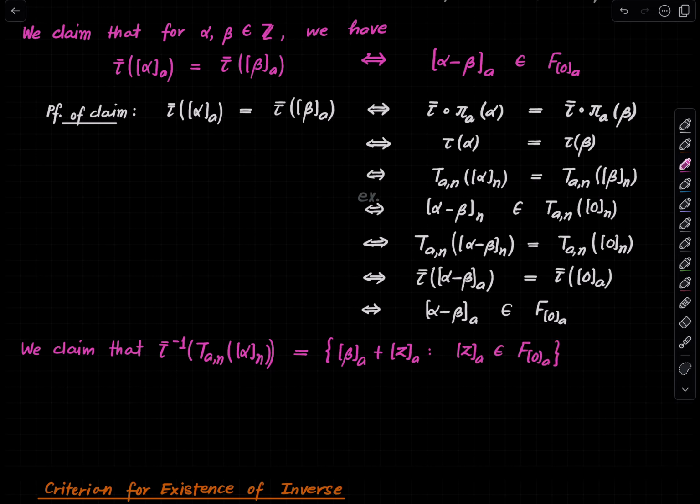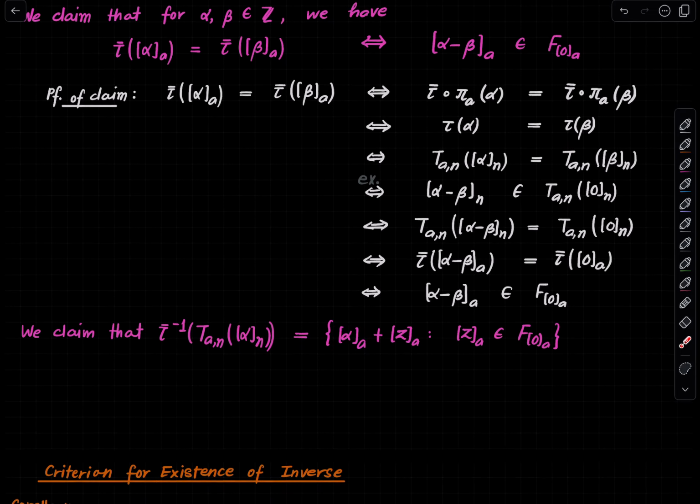Looks like a horrible statement, but try to see it in a concrete example. All we are saying is that the fiber above this guy is just a translate of the fiber above 0. These things are taken from the fiber above 0. You translate them, this was supposed to be alpha, so you just translate the fiber above 0 by the correct thing, and you get the fiber above the correct thing. Here we have alpha modulo n, and there we have alpha modulo a. Just do not get confused. Right? So why is that?